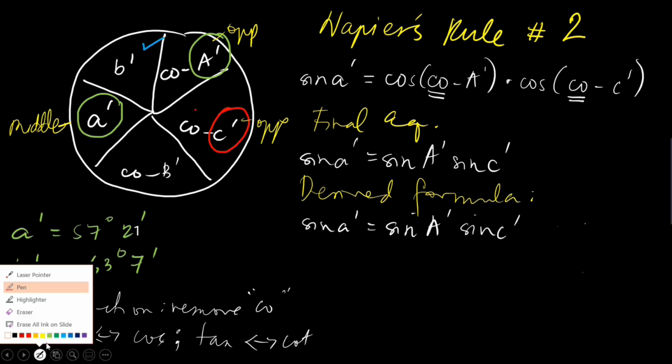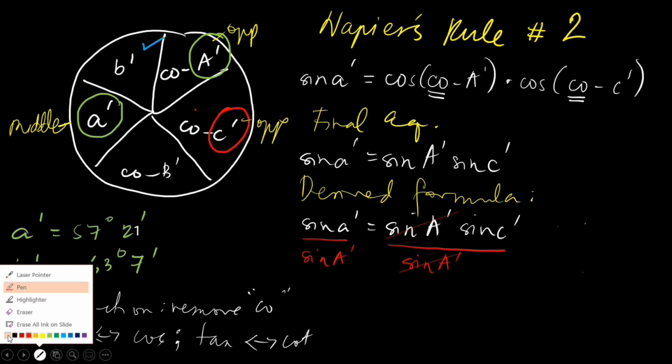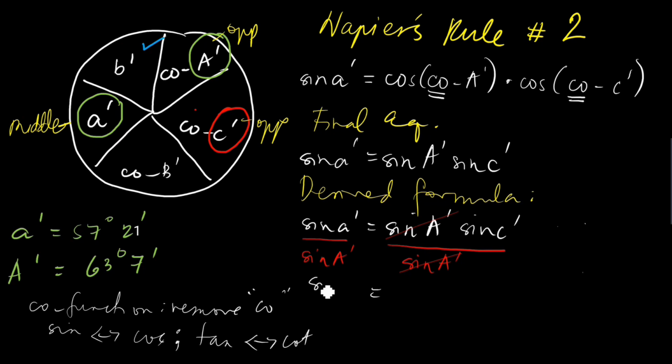So let us divide both sides by the sine of the big A prime because we need to transfer it to the other side. So dividing, we can cancel this. So what we have now is sine of the small a prime over sine of the big A prime equals the sine of small c prime. This can also be written as sine of c prime equals sine of the small a prime over sine of the big A prime.